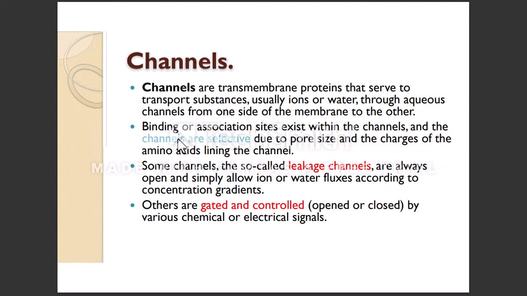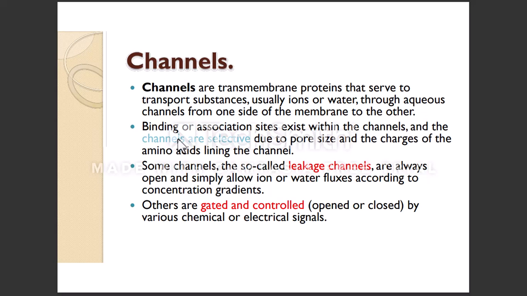So we have channels that are open. They also enable the transport of substances such as ions, water, and aqueous substances that are soluble in water. So we have different kinds of channels. We have leakage channels, and we have gated or controlled channels.